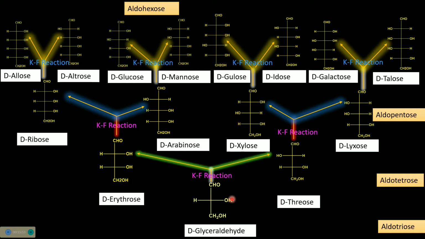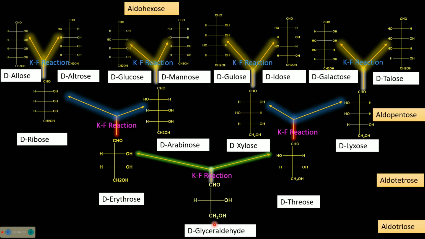The second point we have to remember is that the two higher homologs, the products of the Killiani-Fischer reaction, have the same stereochemical structure from the bottom side, that is, the CH2OH at the bottom.